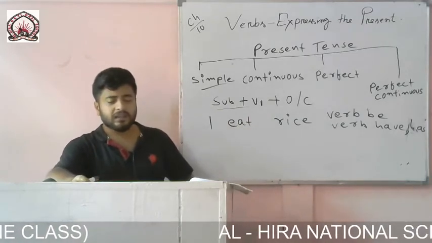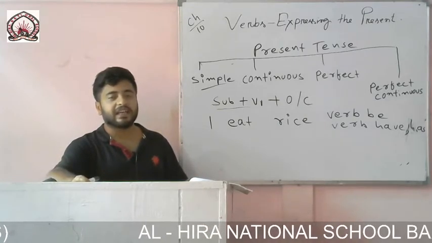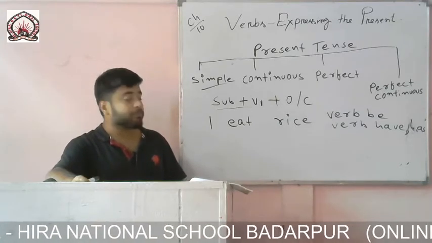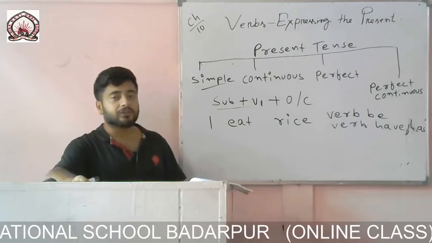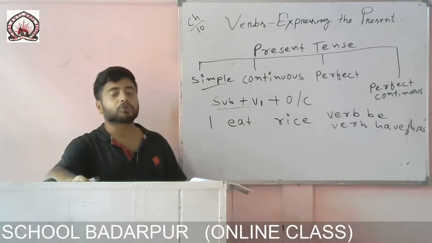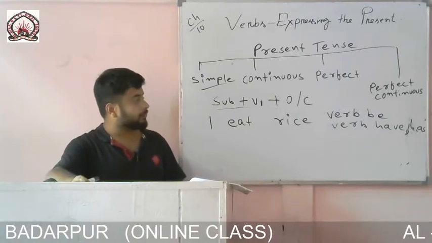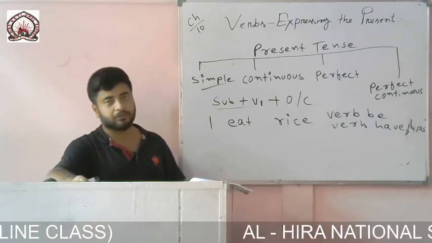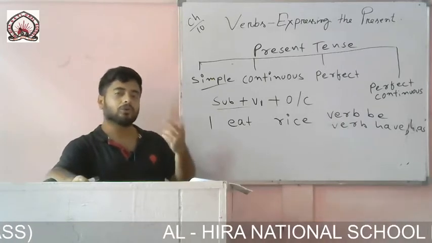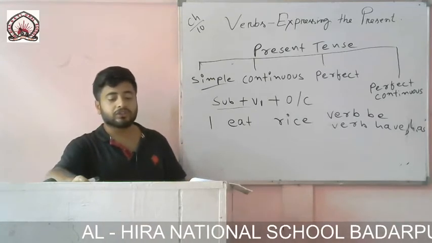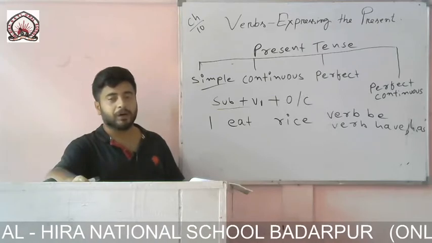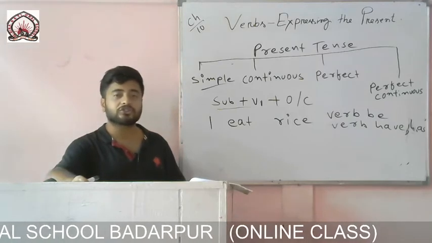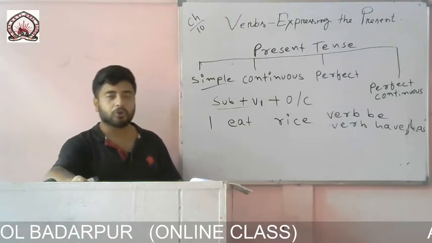Now these verbs are used as ordinary verbs. Verb be is used to show existence. In place of the main verb you will get either am or is or are. So these verbs are used as ordinary verbs to show existence. Have or has is also used as an ordinary verb to show possession.